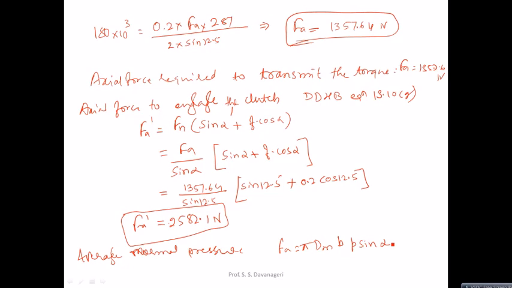So next we'll go for the average normal pressure. Now we know the equation Fa equal to pi dm b p sine alpha.